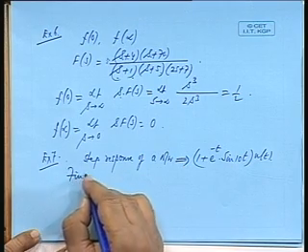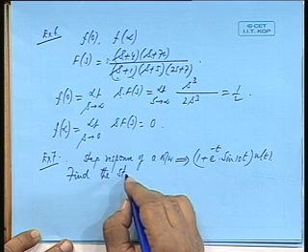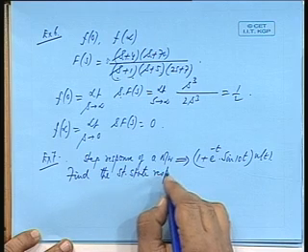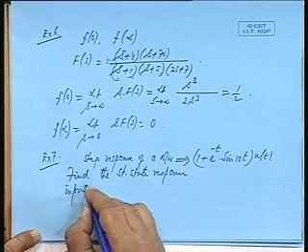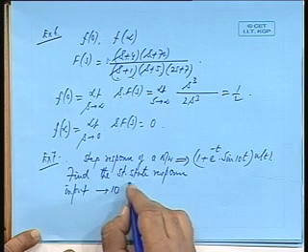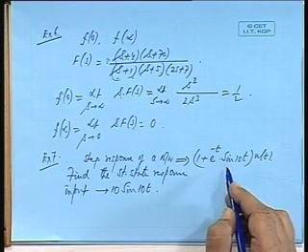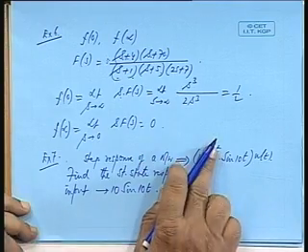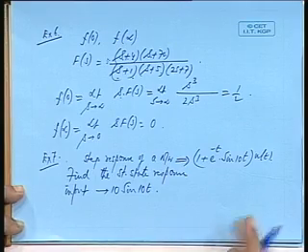Find the steady state response when the input is 10 sin 10t. That means, if I have, instead of e to the power minus t, that is a decaying sinusoid, a steady sinusoid, what will be the response? Let us see.